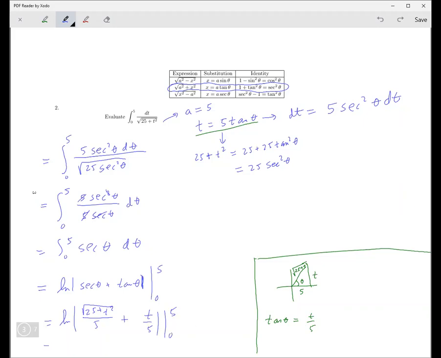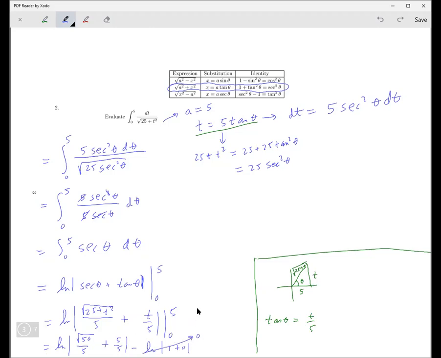Okay, and now I can plug in the limits of integration. If I plug a 5 in, I'm going to get square root of 50 over 5 plus 5 over 5, and then subtract and put a 0 in. If I put a 0 in, I'm going to get the square root of 25 over 5, that's 1, and then 0 plus 0. Now this is log 1, so that's going to be 0.